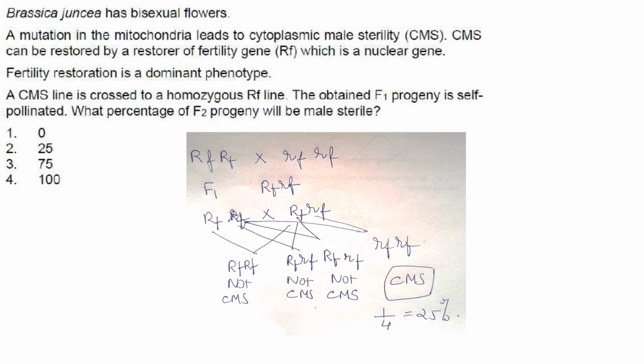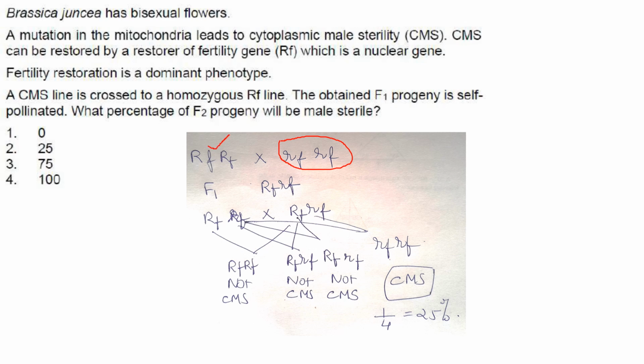Fertility restoration is a dominant phenotype. Now what have they done? A CMS line is crossed to a homozygous RF line. The CMS line, they have told you, is a mutation, so it is going to be recessive. Out of this photograph, this one is the CMS line and this one is the restorer of fertility line.